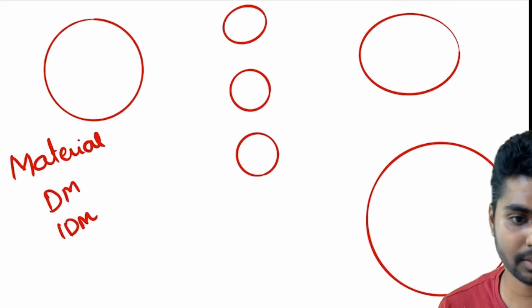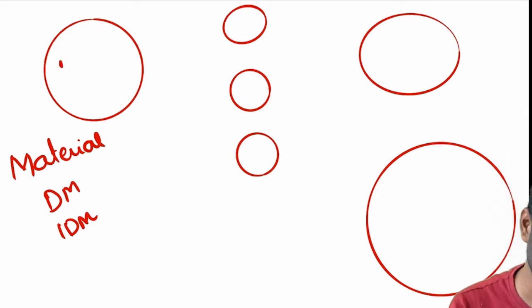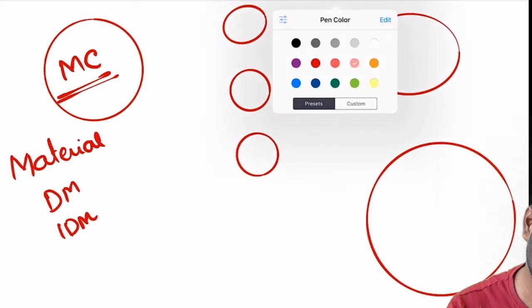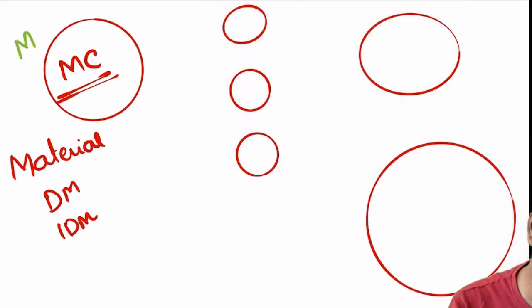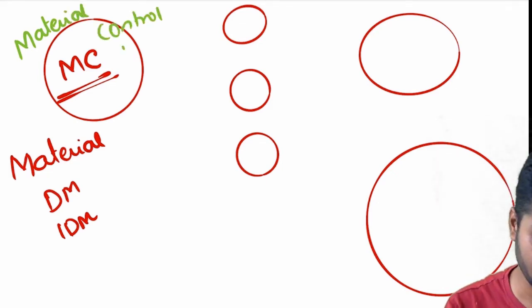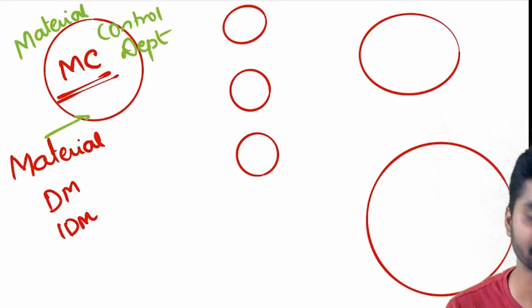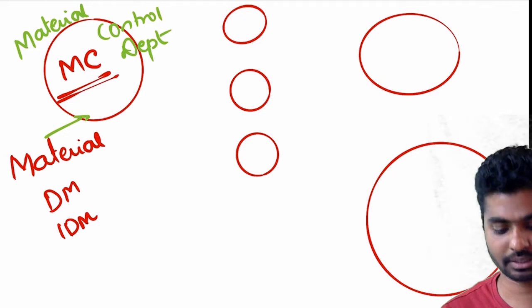If you guys don't want to call it stores department, we can call it as MC. MC stands for material control department. So all raw materials are received by the material control department.